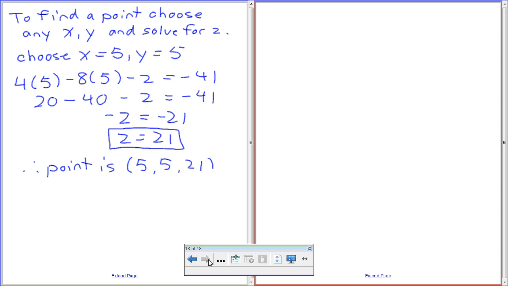So we're going to say that the perpendicular distance will be the shortest distance. We'll run low on time.